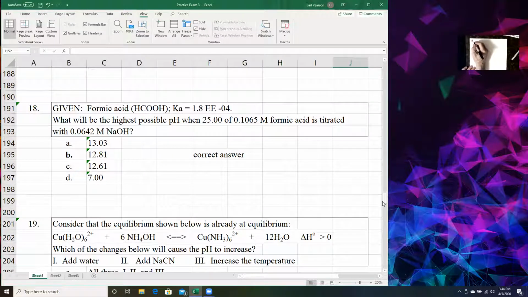So the maximum pH. Okay, and I've titrated with 0.0642 molar OH minus ion.